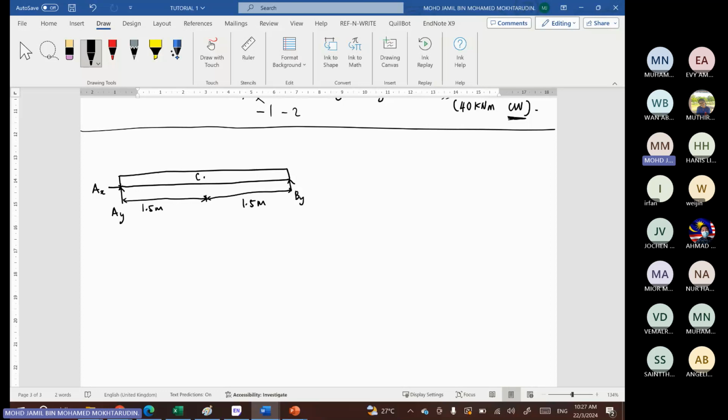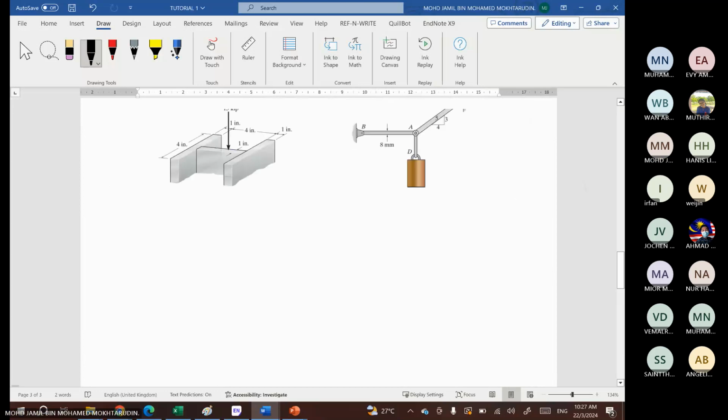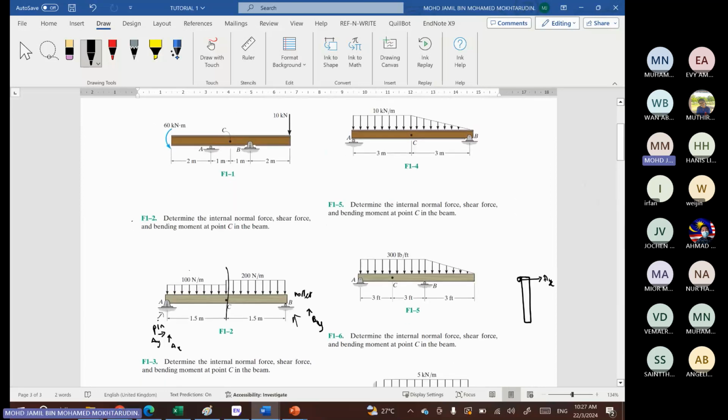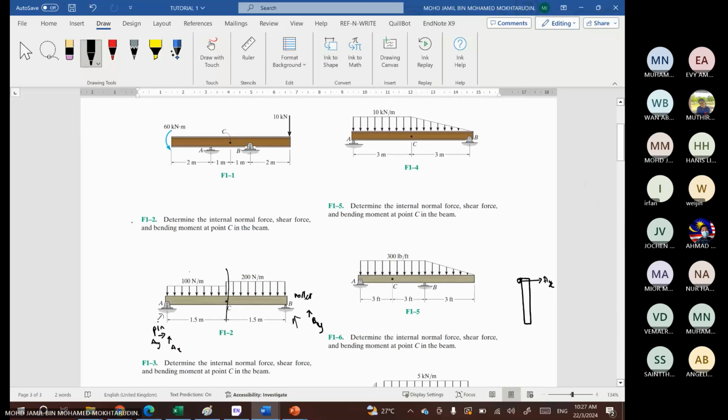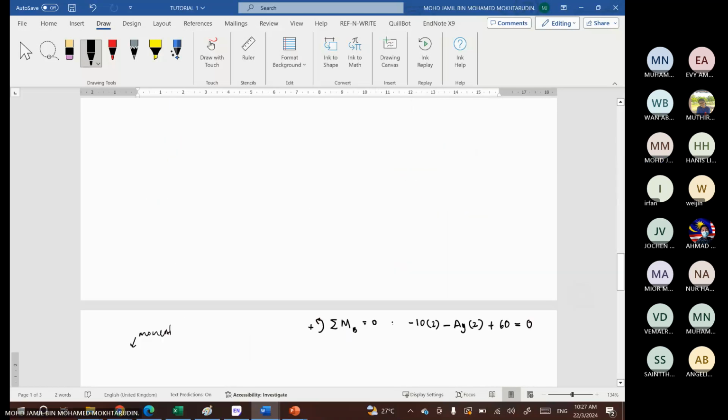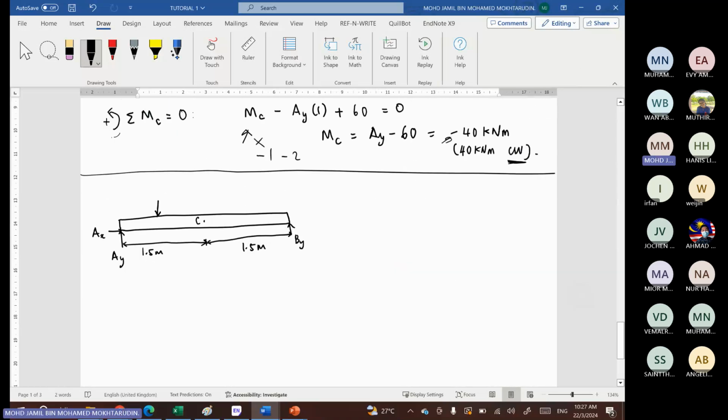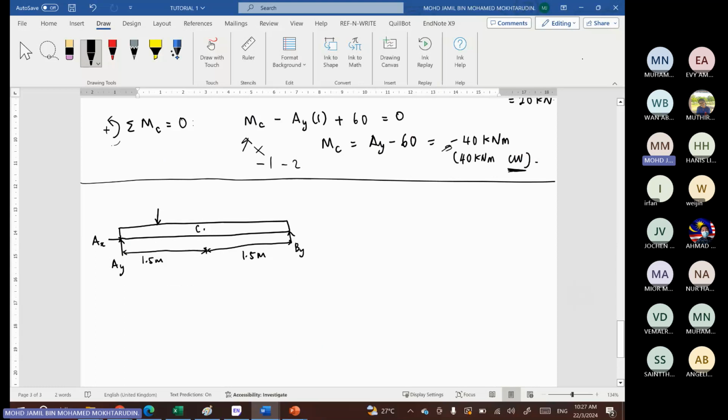So the first half is 100 Newton per meter, and the other half is 200 Newton per meter. So for the 100 Newton per meter, you must transform the distributed load into a single resultant load. So here you have 100 times 1.5.